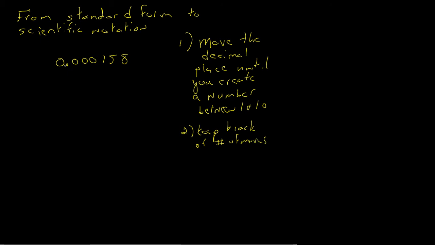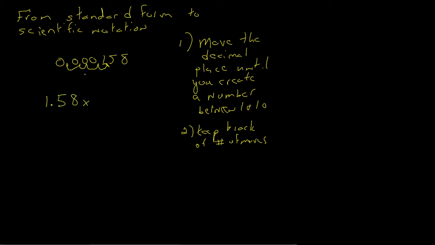So I want to make this a number between 1 and 10, so I need to move the decimal place over to here, because that'd make 1.58. That's my number between 1 and 10. So I go move once, I move twice, I move 3 times, I move 4 times. So I want 1.58.